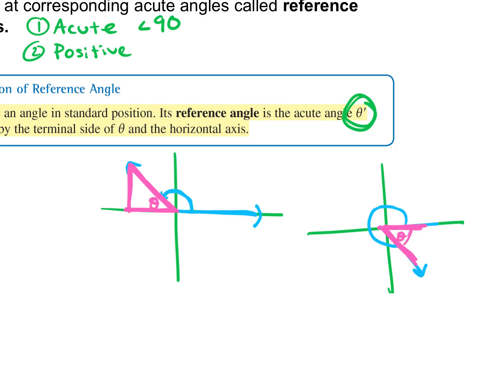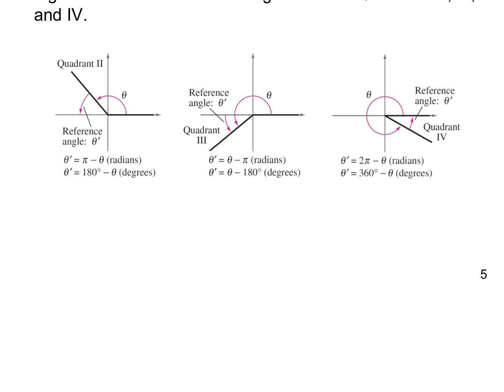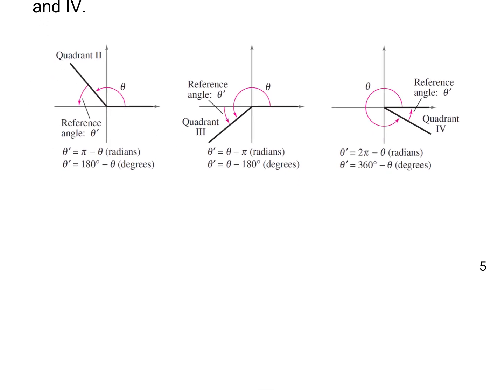So reference angle, you can think about it, is the distance from the horizontal axis. So it's always formed by the terminal side and the horizontal axis. Depending on which quadrant we're in, we have a different formula to help us find our reference angle.